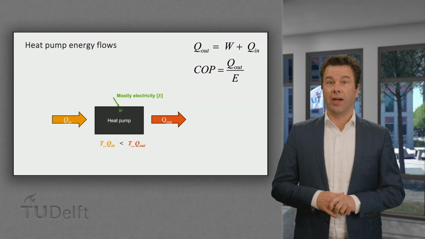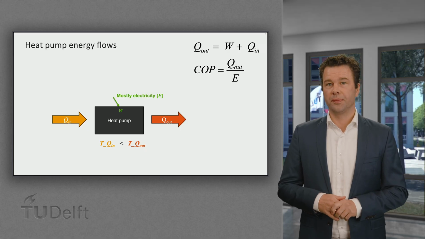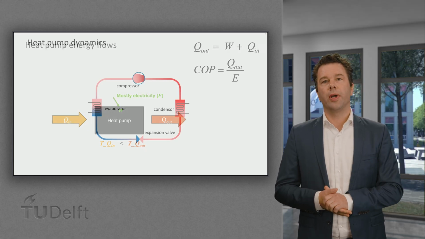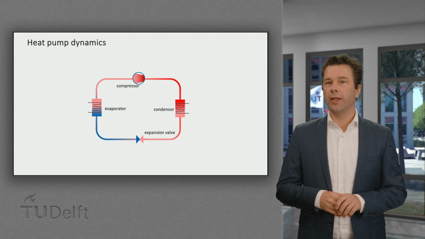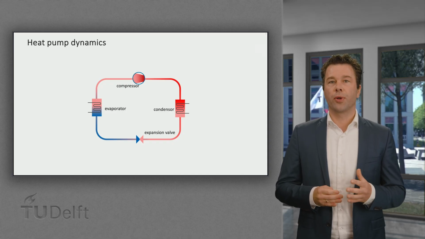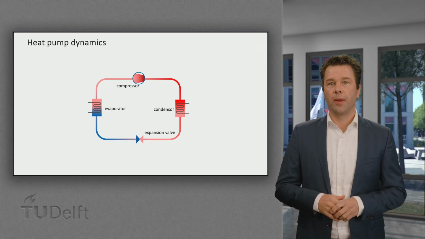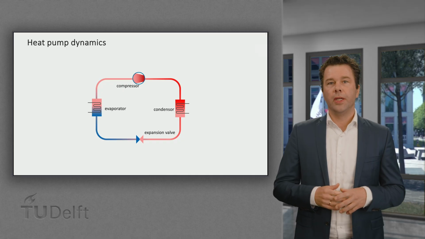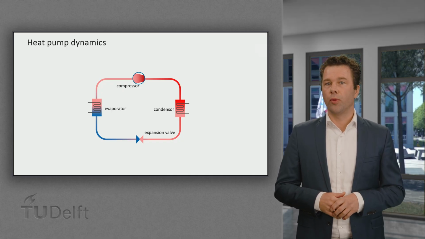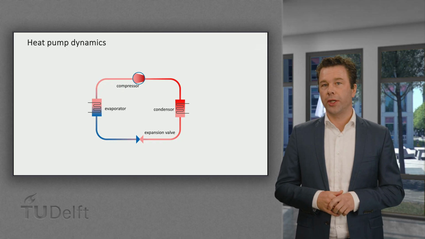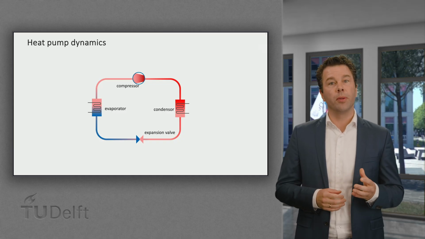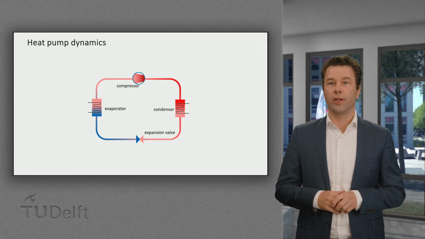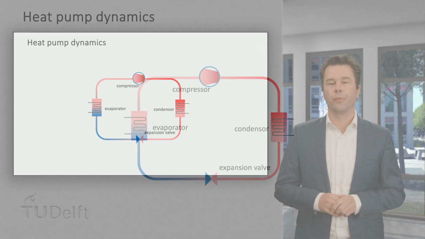Now, time to find out how the heat pump does this magic. The most popular and basic thermodynamic cycle for heating and cooling is the so-called vapor compression refrigeration cycle, which is also used in air conditioning units and refrigerators, as I mentioned before. In such a cycle, a working medium or refrigerant is undergoing compression and expansion, and in between the working medium is condensing and evaporating due to heat exchange.